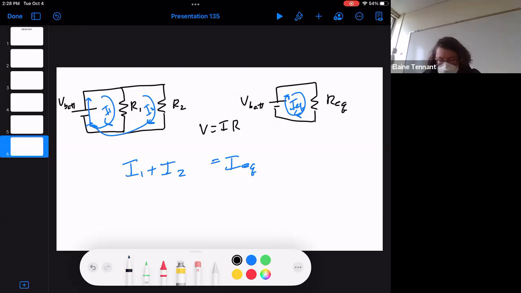What are my voltages? Can I say something about the voltage across R1 versus the voltage across R2? The same, different, we don't know, needs to add up to something. What do you think? We're not sure. Okay.